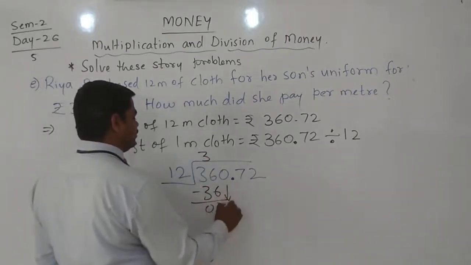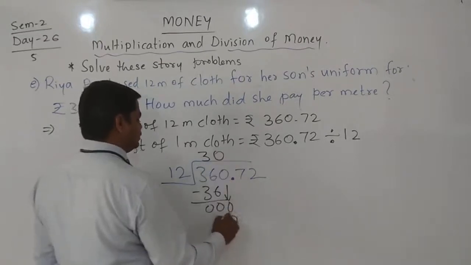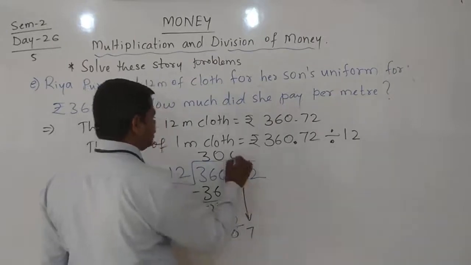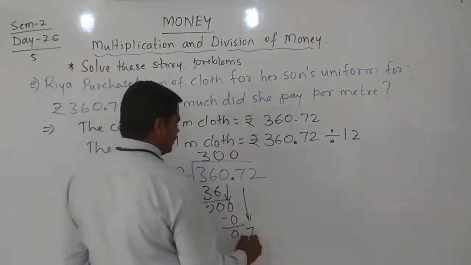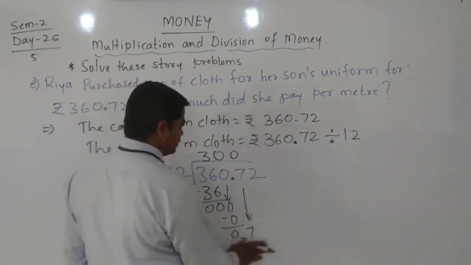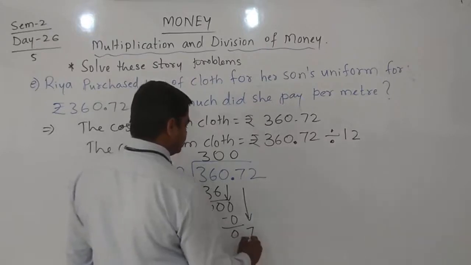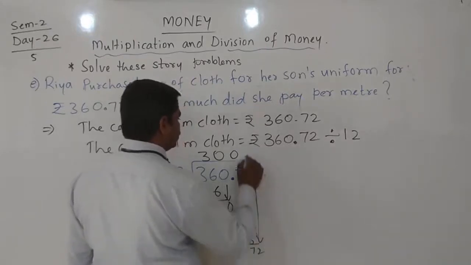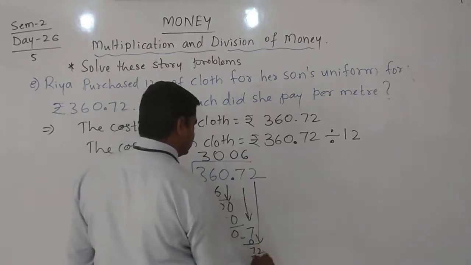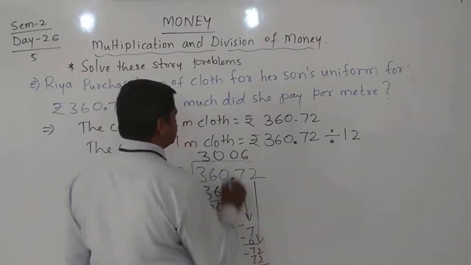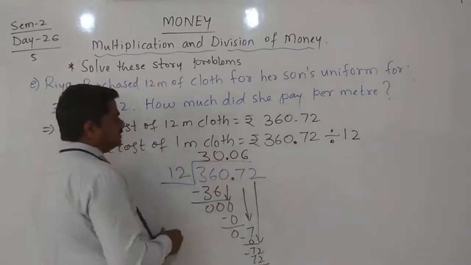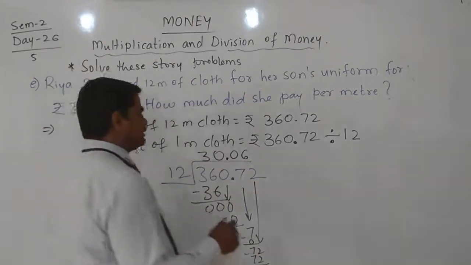Then bring down 0. Then bring down 7, again 7 remains. Bring down 2, 12 6s are 72. Then what is the answer? Decimal point above, that is 30.06.